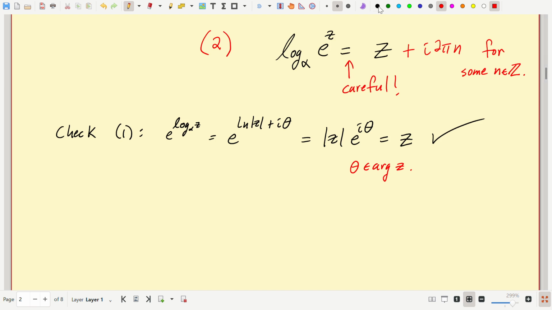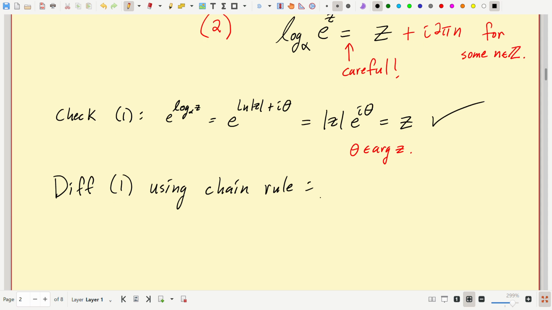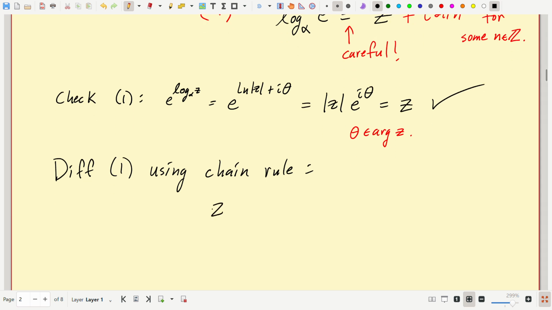Okay. Well, I can differentiate number 1 using the chain rule. It's an easy thing to do, kind of like you do in freshman calculus, actually. Let's see, we have z is e to the log alpha of z.